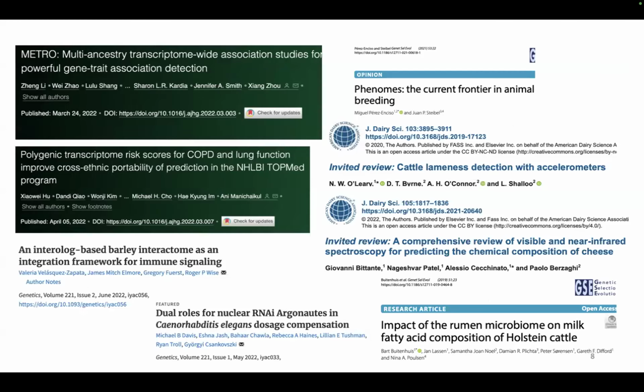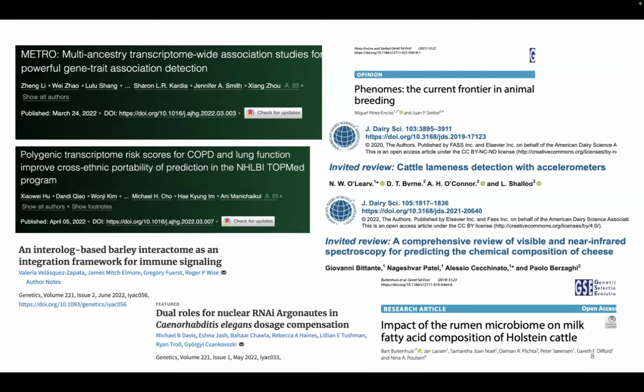If you do some kind of review, you see two kinds of paper. The papers on the left are extremely biological, and frankly speaking, I don't know what they mean. There's something called the RNAi Argonautes, or the interlog interactome. I don't have any clue what this means.